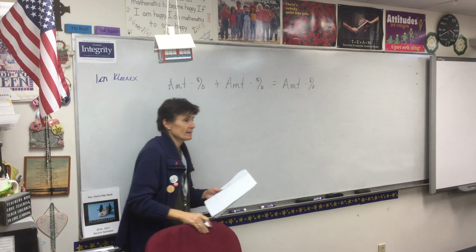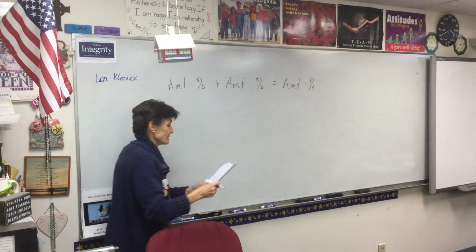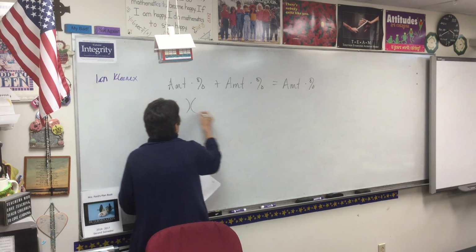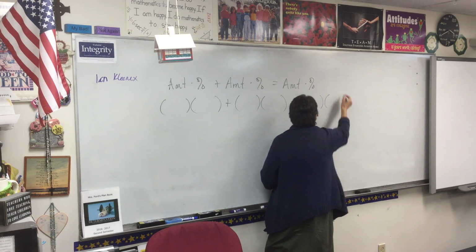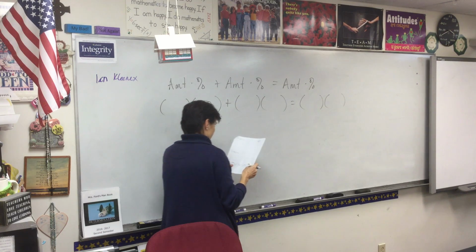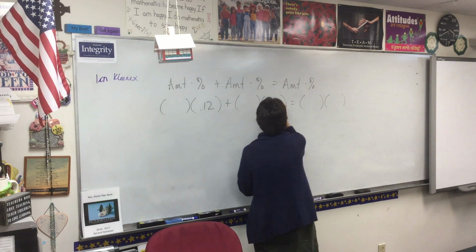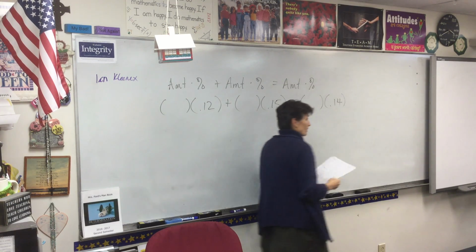This time around, we're all going to get these right. So let's see, we got 6 things. Let's fill in our percentages first. So we've got 12%, we've got 15%, and we want to get 14%. That okay with everybody?